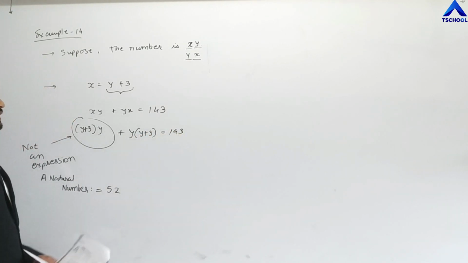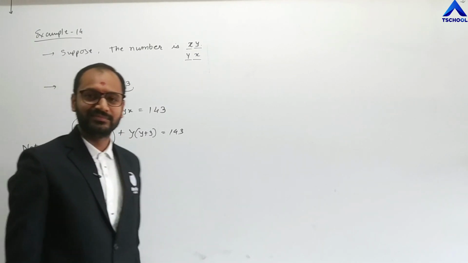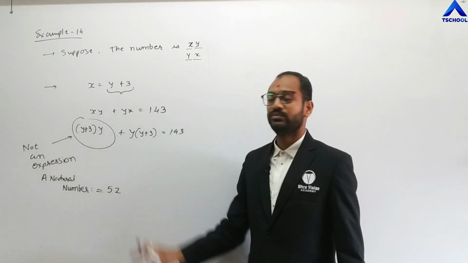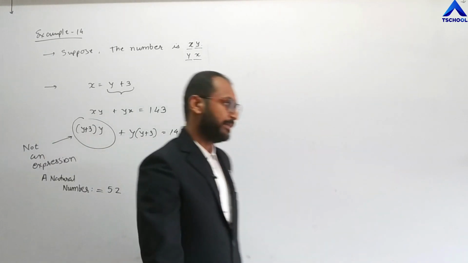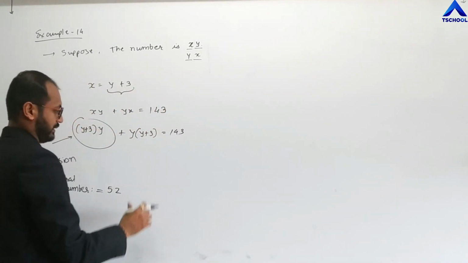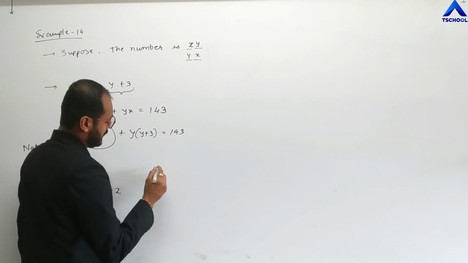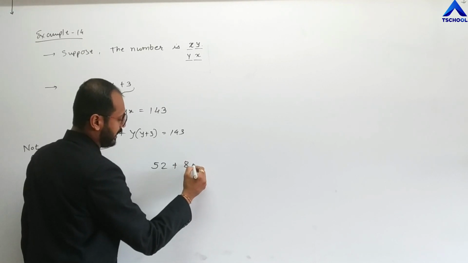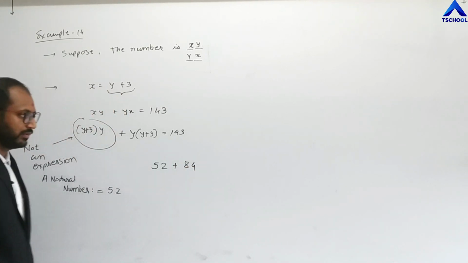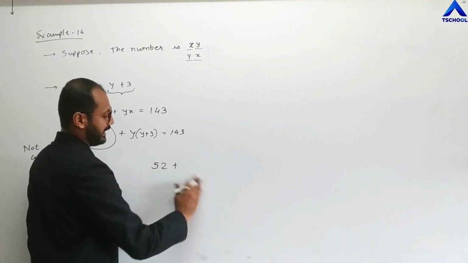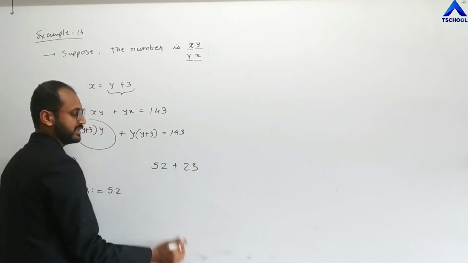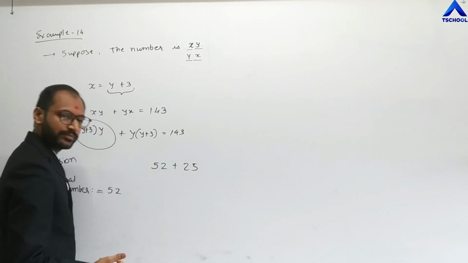Then what happened? Now how can we add these two? Sometimes when numbers are given in this format, like 52 plus 84 or 85, anything else, or sometimes let us take the same example, 25 and 52, both interchanged, and this addition is some value.